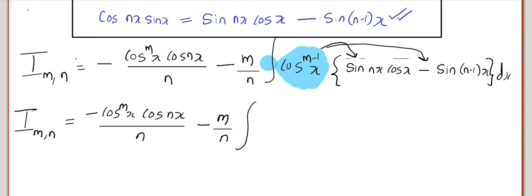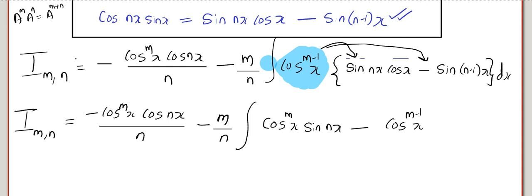Okay, let me ask you one question. What is a power m into a power n? Isn't it a to the power m plus n? So when you distribute this, I hope you can see that cos to the power m x and sine nx will be formed, and cos to the power m minus 1 into x, sine (n minus 1) into x.